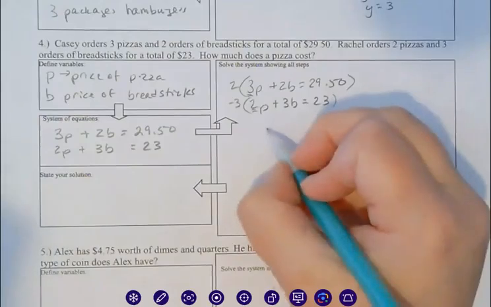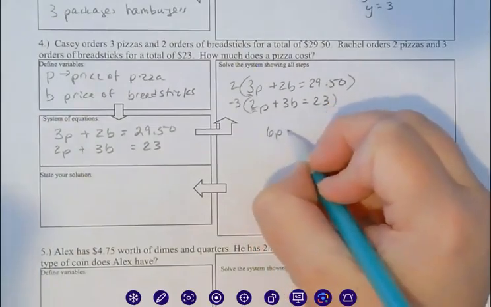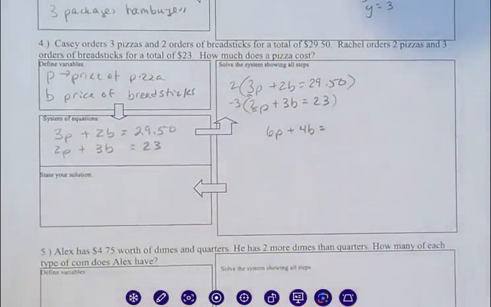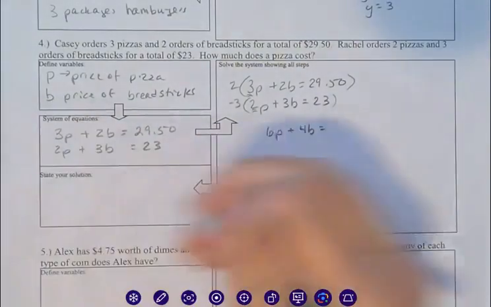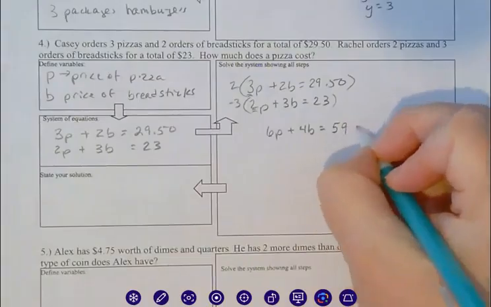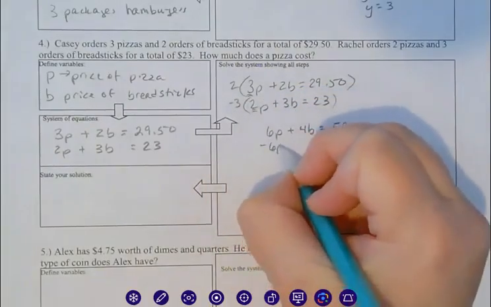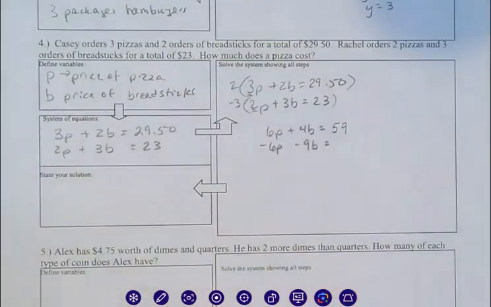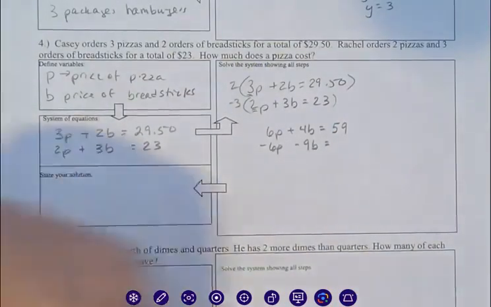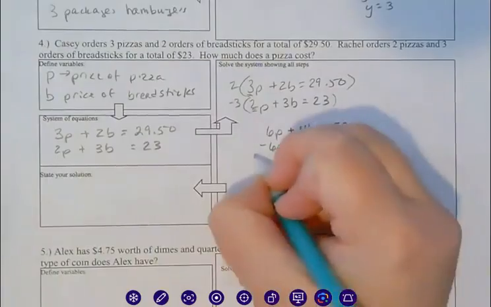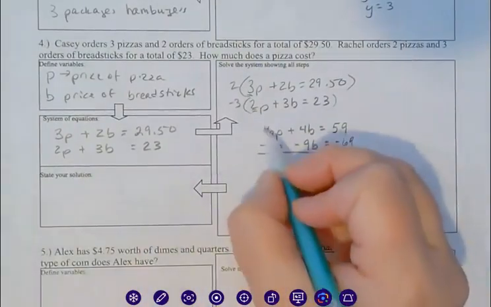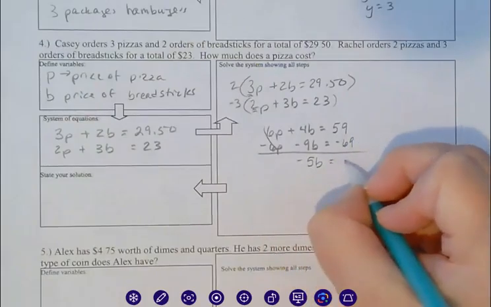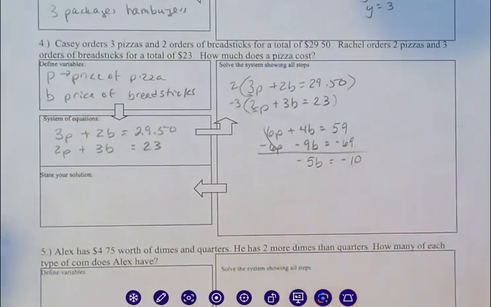So the top equation is 6P plus 4B equals $29.50 times 2, $59. And the bottom equation is -6P minus 9B equals -3 times 23, which is -69. So when I eliminate, the P's are gone, and I get negative 5B equals negative 10.